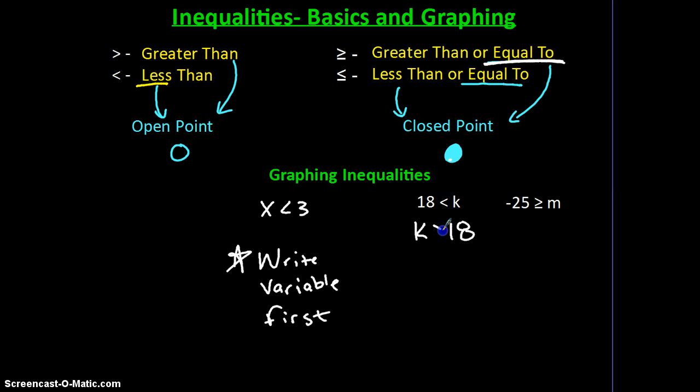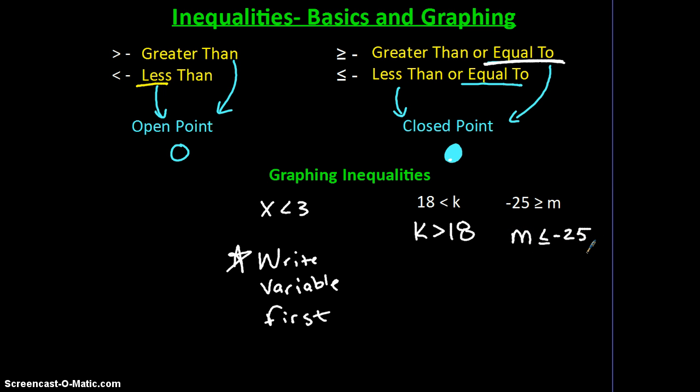That means k is greater than 18. And so, same thing for this fourth one over here. If negative 25 is greater than or equal to m, and I write m first because I want my variable to come first, well then here my little alligator is eating negative 25, so therefore I still make it eat negative 25. So therefore m is less than or equal to negative 25.